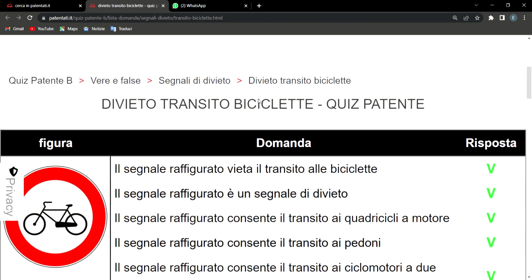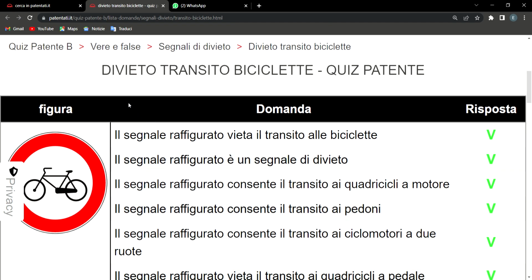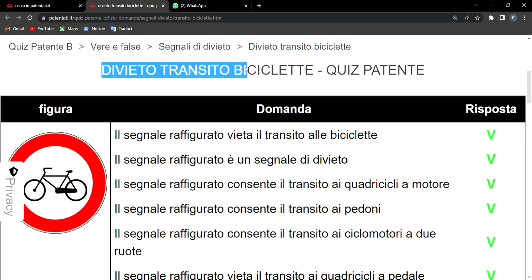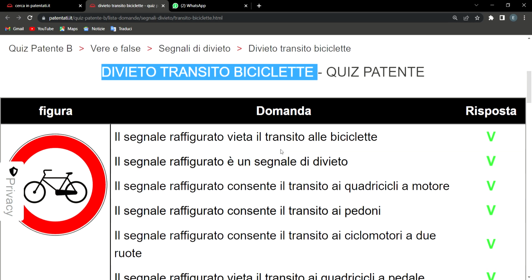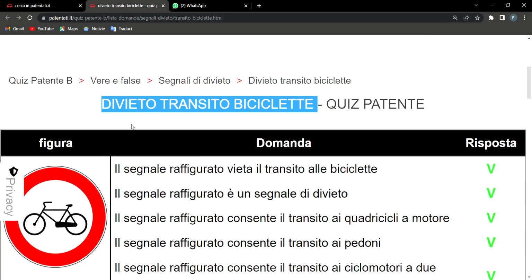So today we have another new lesson, which is Divieto Transito Biciclette. We have a lot of quizzes here relative to this very topic.